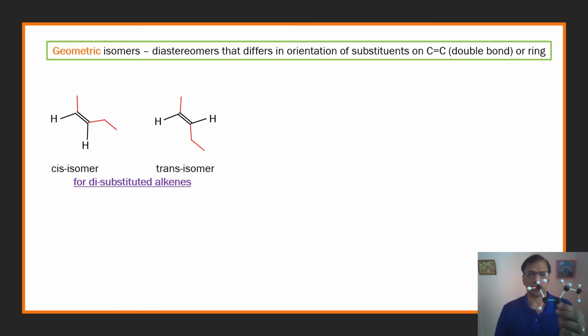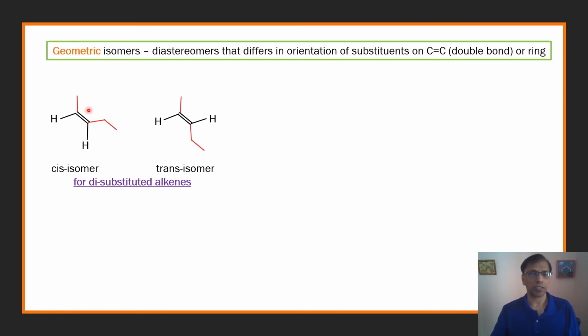So let's look at this particular example. This is the double bond right here, and you have one ethyl group, CH2 and CH3. So this is the ethyl group attached to one of the double-bonded carbons, and this is a methyl group attached to the other. In this case, as you can see, the two hydrogen atoms are on the same side of the double bond, and so this isomer is called the cis isomer.